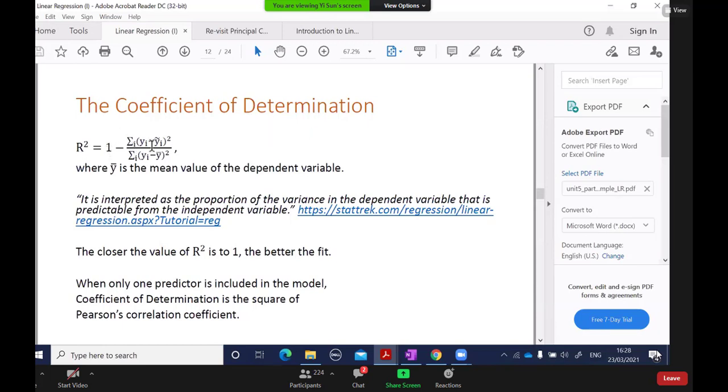On the other hand, if these predictions are equal to the mean of the target value, then what do we have? The whole term is equal to 1, and then 1 minus 1 is equal to 0.